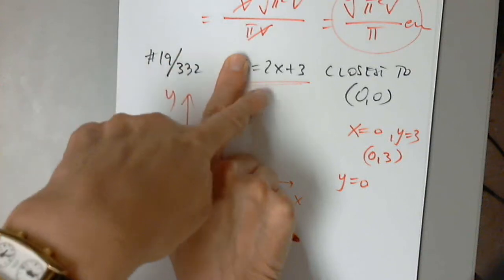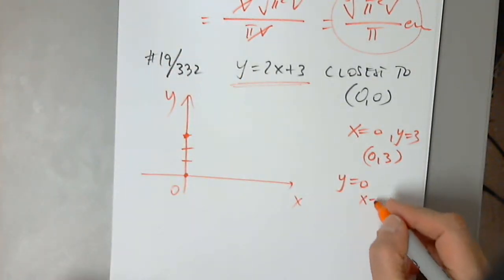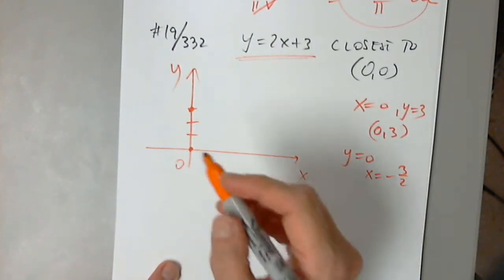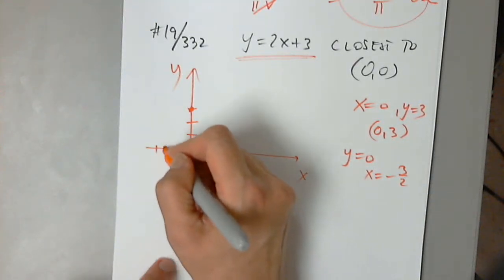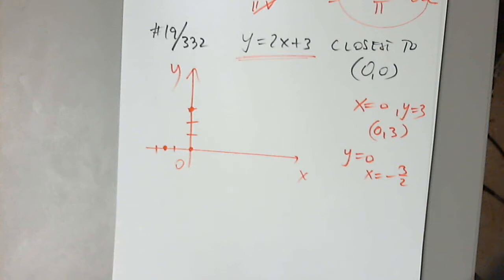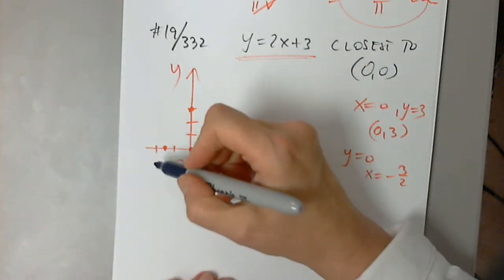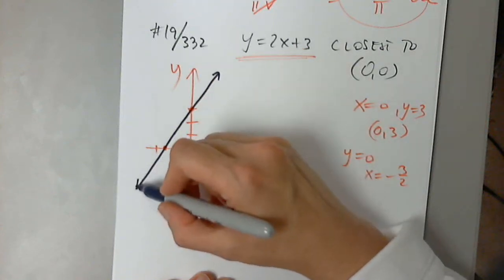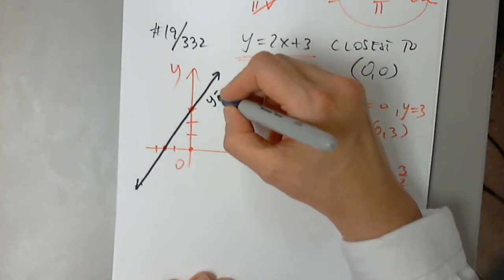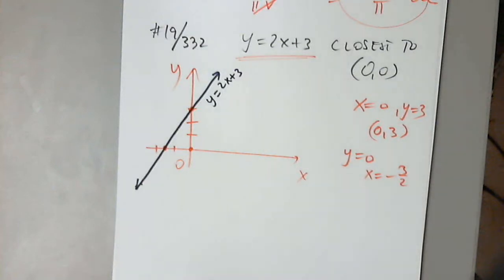So negative 3 divided by 2. So x is negative 3/2. I connect and extend the line. I write on it y equals 2x plus 3.